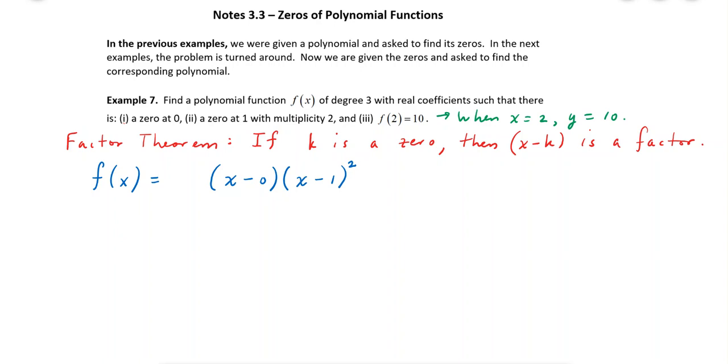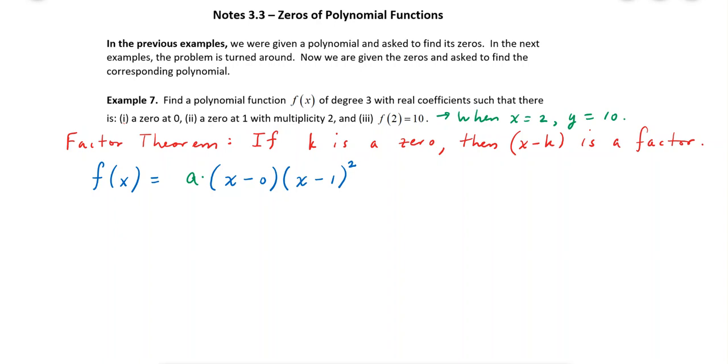And the way we're going to do that is with a constant factor a that we could think of like a vertical stretch or a vertical compression, if we remember that from the last chapter. This factor a will stretch or shrink the function so that it just passes through the point at (2, 10) without changing where the zeros occur.